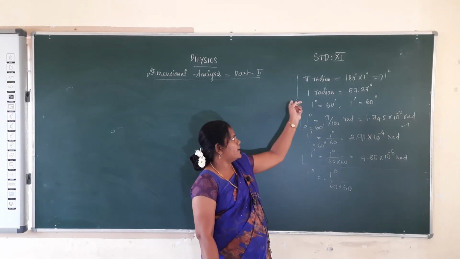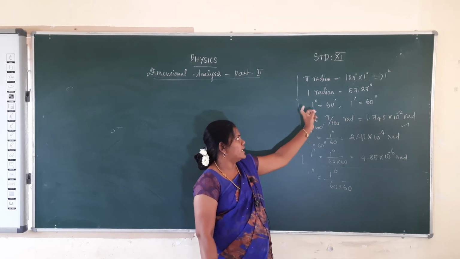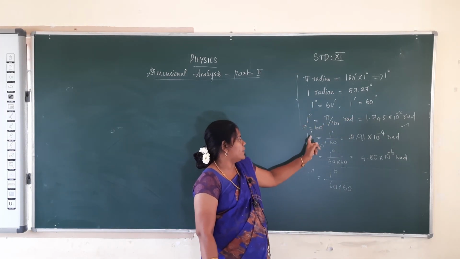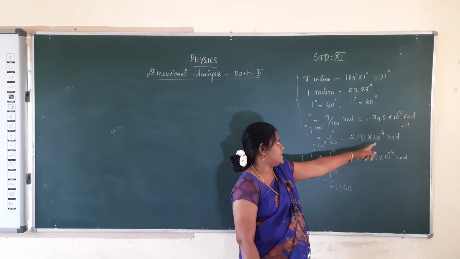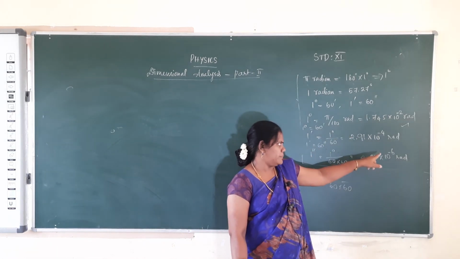Okay, so pi radian is equal to 180 degree, 1 radian is equal to 57.27 degree, 1 degree is equal to 60 minutes, 1 minute is equal to 60 seconds, 1 minute is equal to 2.91 into 10 power minus 4 radian, and 1 second is equal to 4.85 into 10 power minus 6 radian.